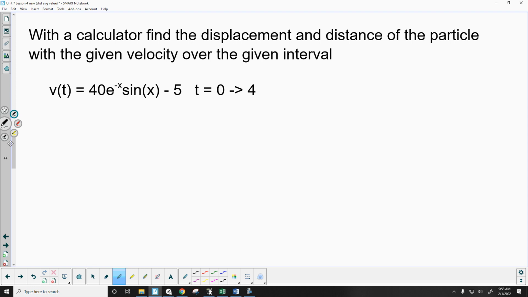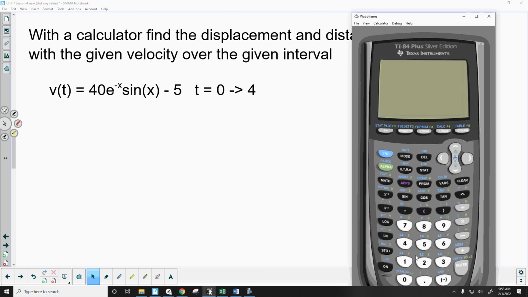Let's look at 40e to the -x sine x minus 5, and let's calculate the displacement and the distance. I might change up my interval just so it's a little bit easier to do. This is my favorite, apparently, 40e to the -x sine x minus 5. I might change up my window. Let's start from 0 to 4, and then I might change my mind.